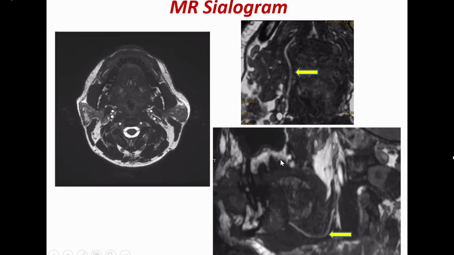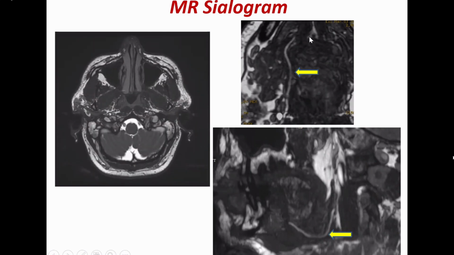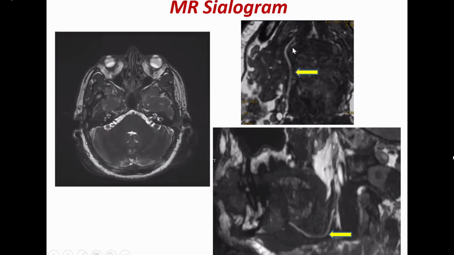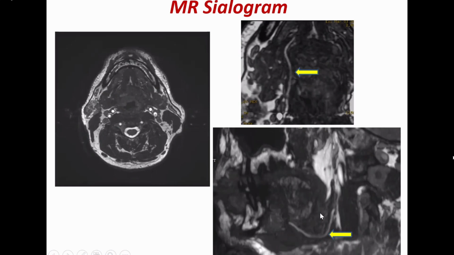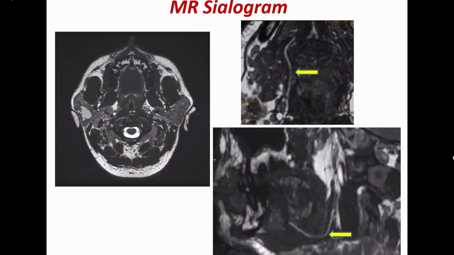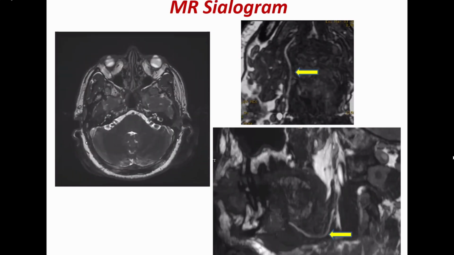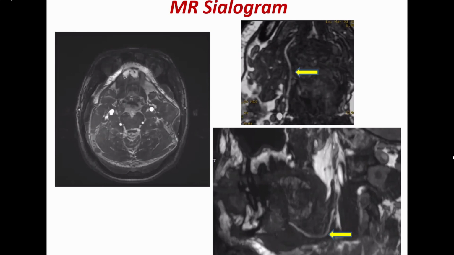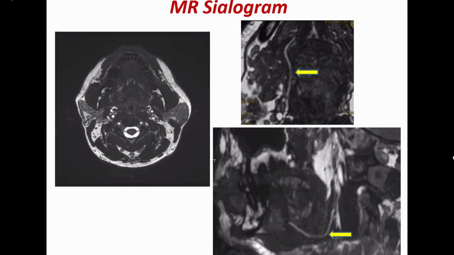Most important, as technologists, you need to transfer them to the workstation, do a curved reformat, go for the reformats and do the MIP, demonstrate the ducts over here, because they will ask for the MR sialogram to look for the ductal system and for the major salivary glands. So this study will be useful in picking up sialolithiasis, sialadenitis, and even some benign salivary gland disorders.